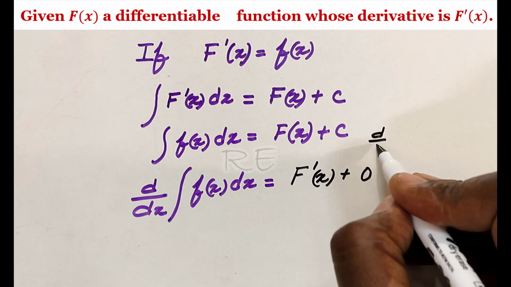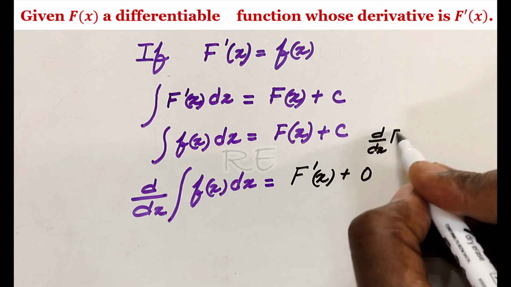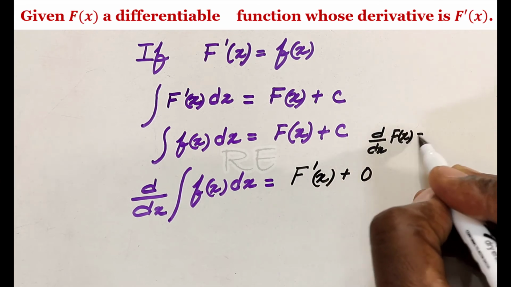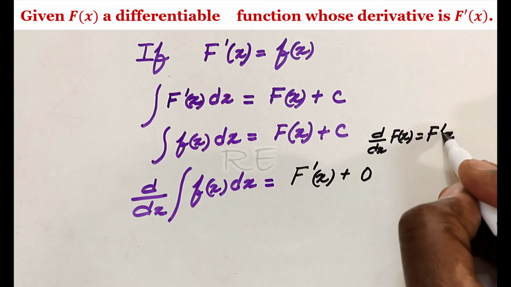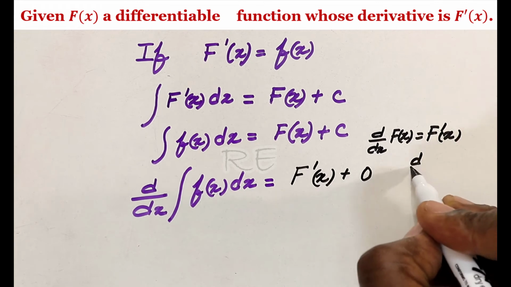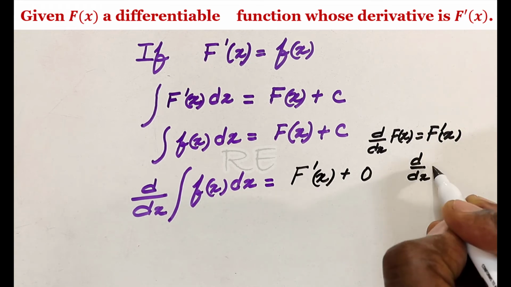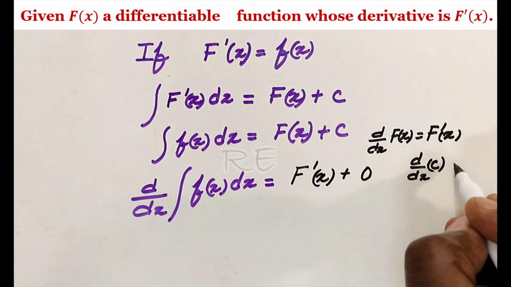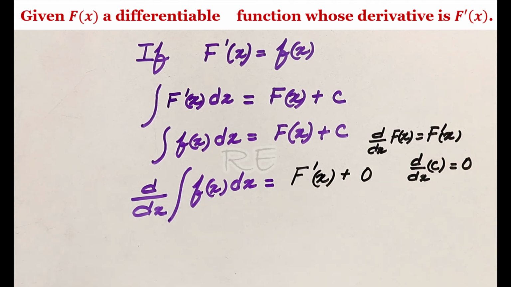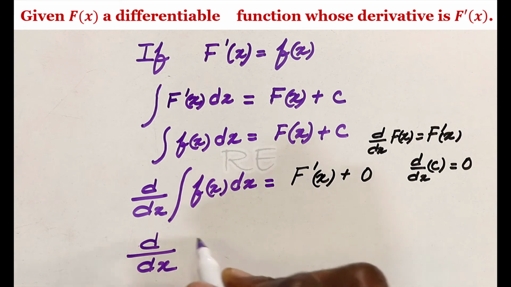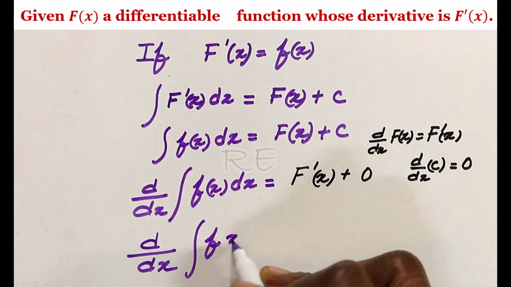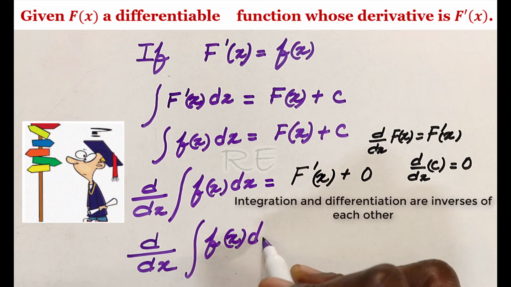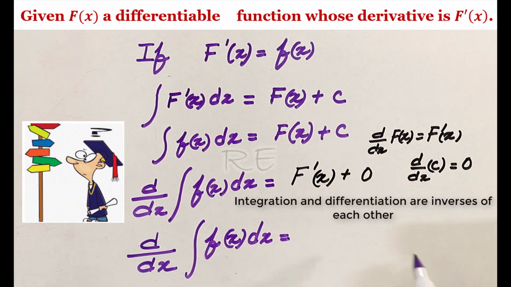The derivative of uppercase F of x is equal to F prime of x, and the derivative of a constant C is equal to 0.